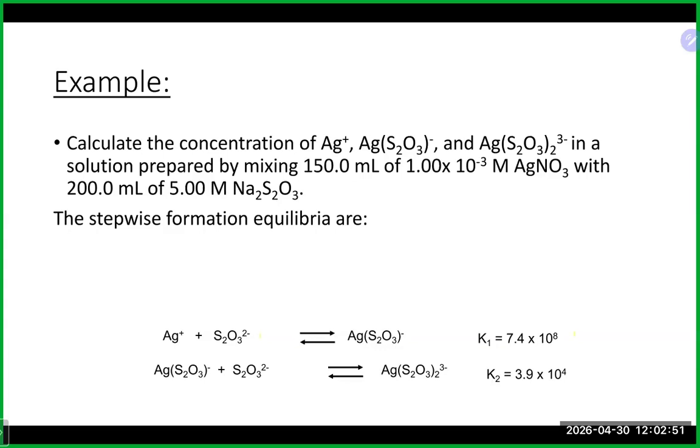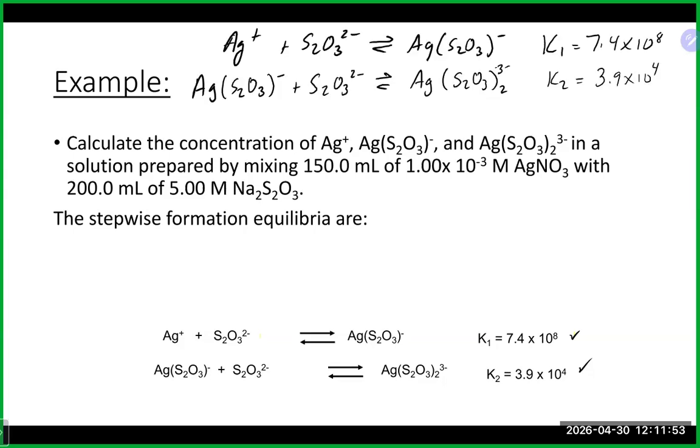We actually are given down here the stepwise formation of the complex ion. So take a few moments here, you may want to add those together, get an overall reaction, and work it from there. In this case, we're looking for everybody's concentration. Here, we're not keeping anybody's volumes constant, so you've got to take that into account as well to get the proper concentrations. So work on that for a few, and then we'll talk.